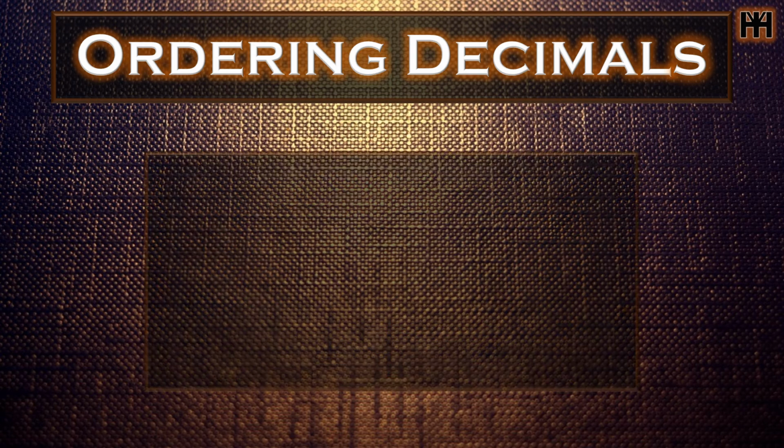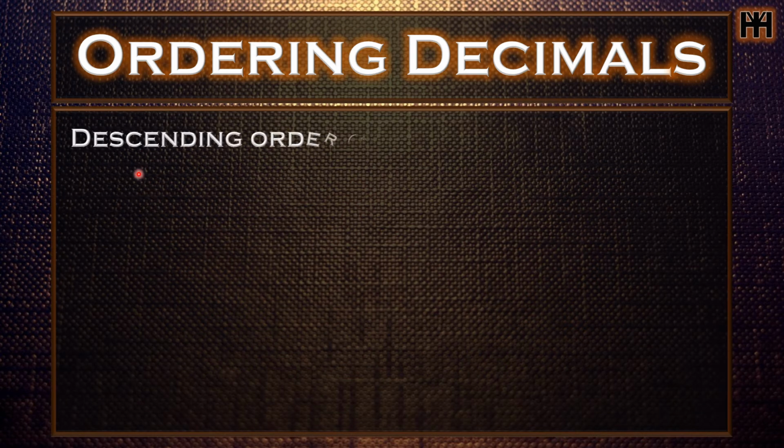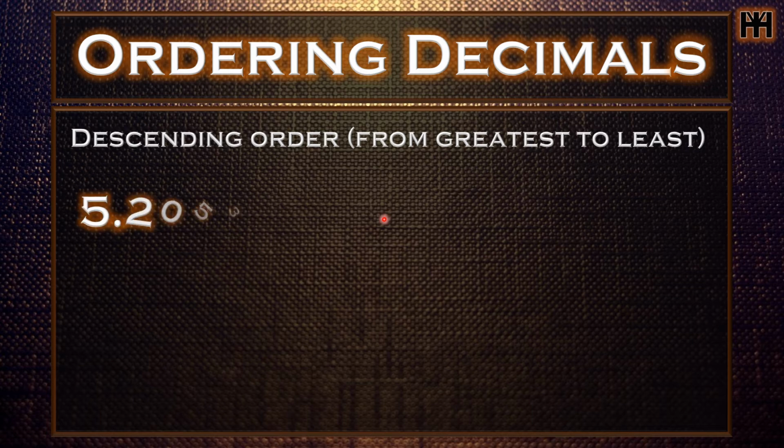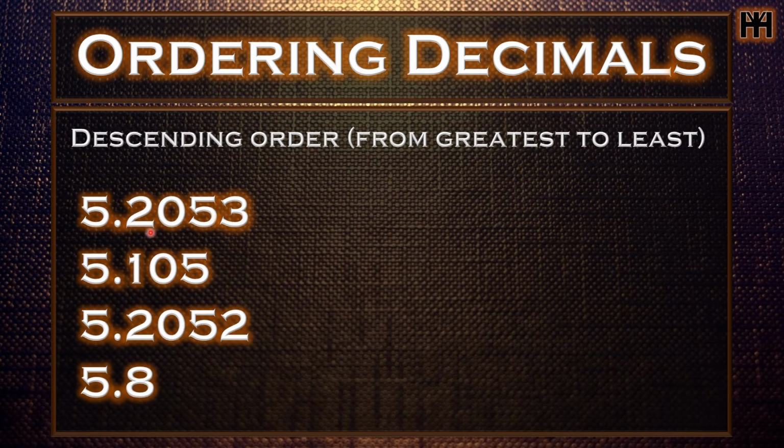Ordering decimals. Now it's the descending order, or from greatest to least. Now we will start as previously. We'll compare them digit by digit. Now we will look for the largest one. We will put it first. Now we have 5.8. 8 is the largest number, so we will start with it.